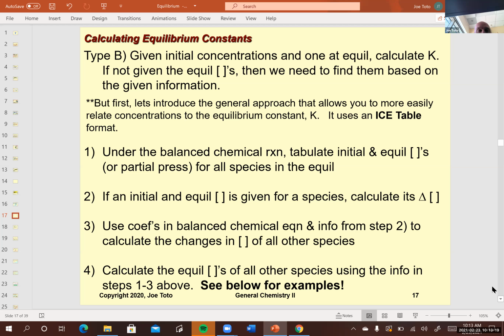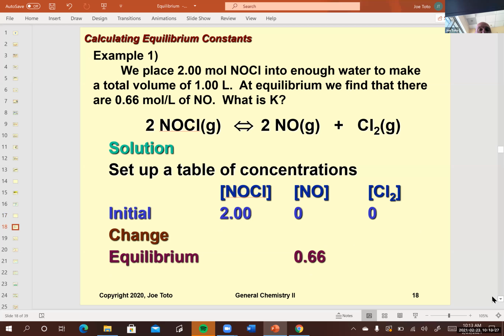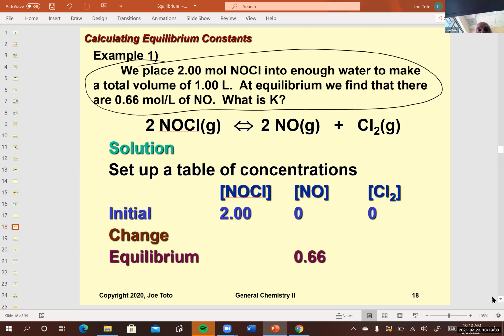So this slide talks about the ICE table a little bit, but we went right to an example to show the application of what that slide was talking about. So we looked at this problem that places some NaCl in some water, and it comes to equilibrium.